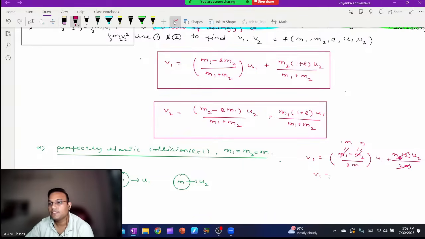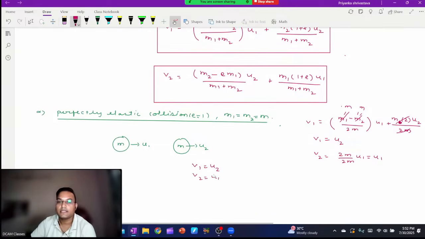So v1 is becoming equal to u2. Similarly v2, if you find, this part will become 0, 2m by 2m into u1, that's u1. So what you are getting is v1 is equal to u2 and v2 is equal to u1. The only thing that is happening after the collision is that velocities are getting interchanged.